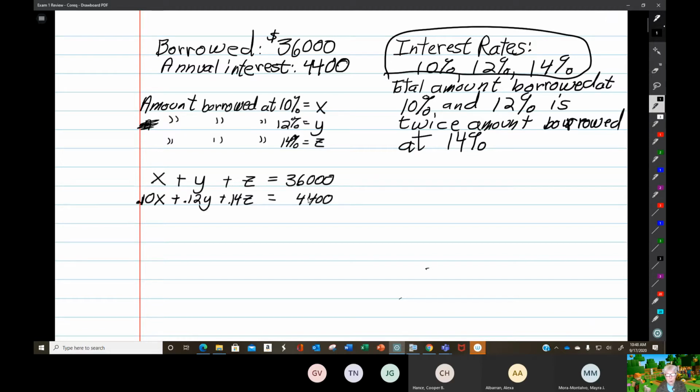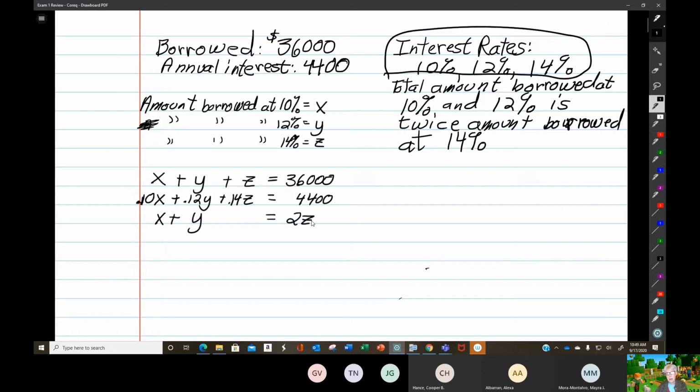And now we know one more thing. Thanks to this, the total amount borrowed at 10% and 12% is twice the amount borrowed at 14%. So I could say, okay, well, the total amounts borrowed at 10% and 12%, that would be X plus Y, is going to equal twice the amount borrowed at 14%.